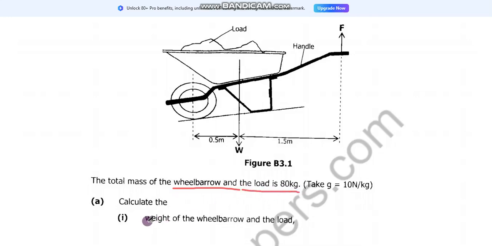Then how do we calculate weight? So you should know that weight is calculated the same as force.